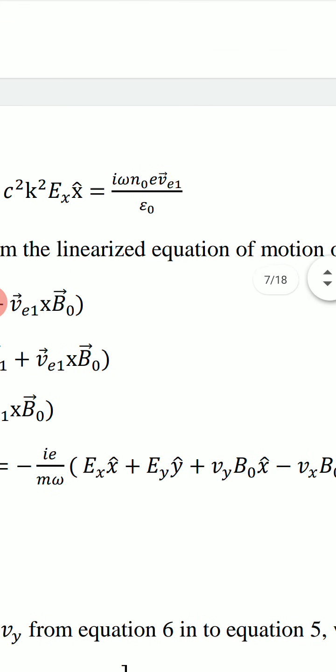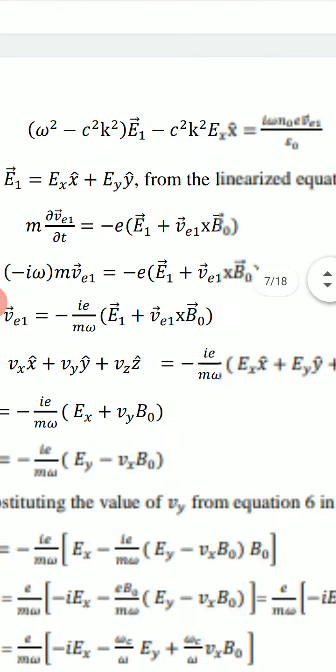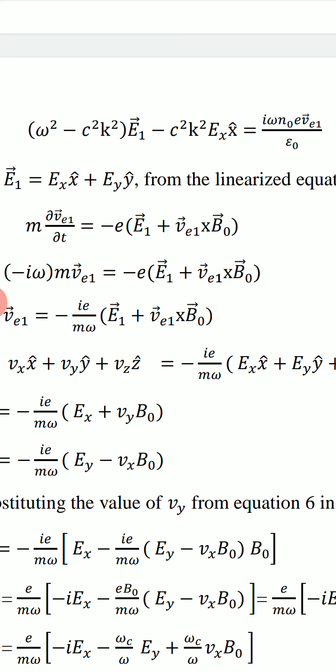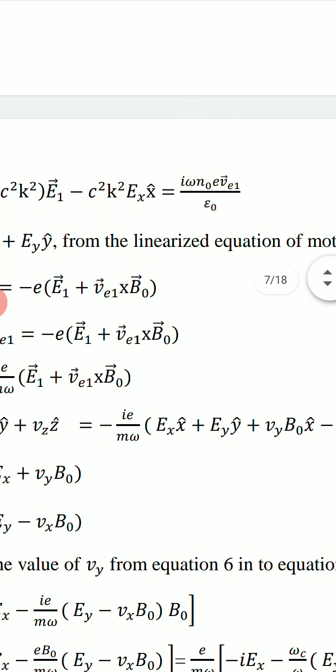This is equation 4. Separate it into x and y components. Write the E1 vector as equal to Ex x cap plus Ey y cap, and the VE1 vector equal to Vx x cap plus Vy y cap plus Vz z cap.